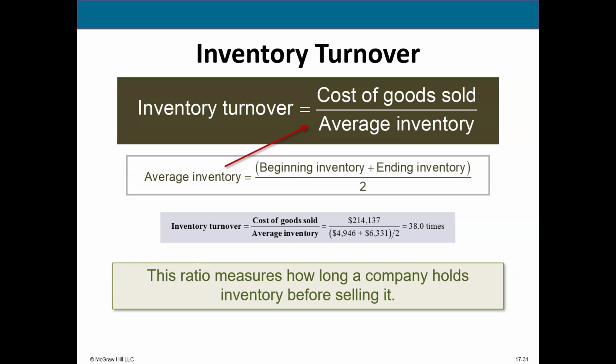It's higher than Samsung, which is good to some degree, but we don't want it to be too high because that means they might not be selling through the inventory as fast as they should be. So it's a good ratio, not the end of the world if it's high.